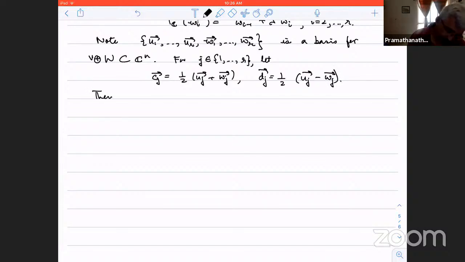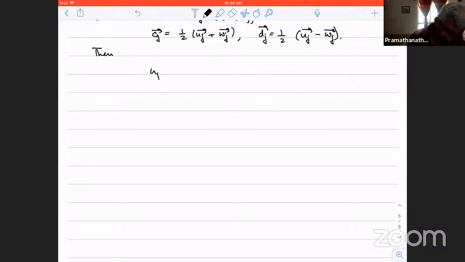Then it's easy to see that this is the decomposition of Uj into its real and imaginary parts.